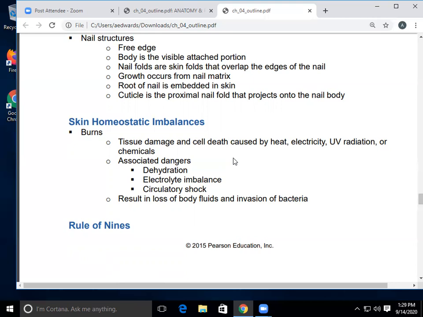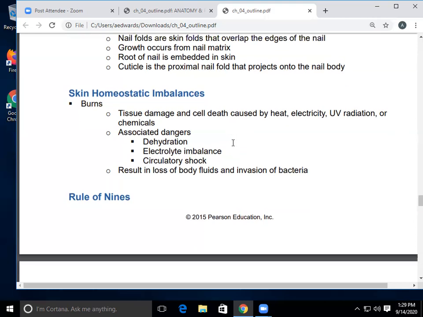Well, dehydration, because you're destroying the tissue that allows your body to prevent water loss. You lose electrolytes, your body can go into shock. So obviously you're going to lose body fluids at this point. You could also get exposed to different bacteria. Those are definitely other risks associated with burns.